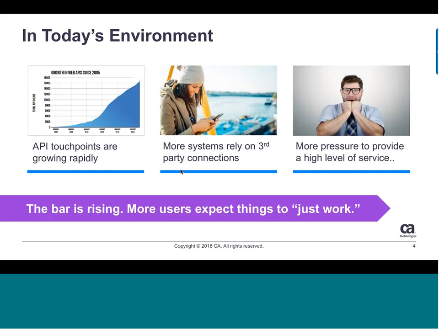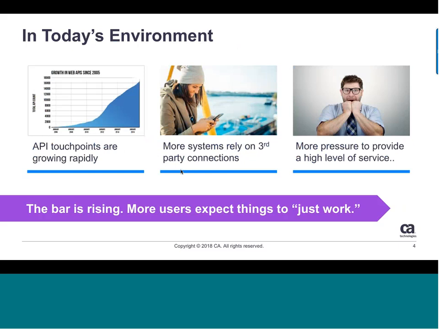These API touchpoints are growing rapidly. All the studies that we see show this exponentially growing. More and more APIs are available, and more of our applications are relying on third-party APIs. A lot of times we don't have control of those third-party APIs, but they impact the user experience.